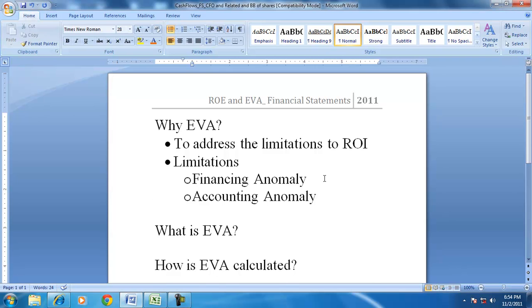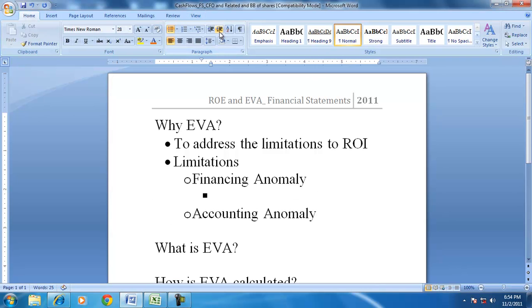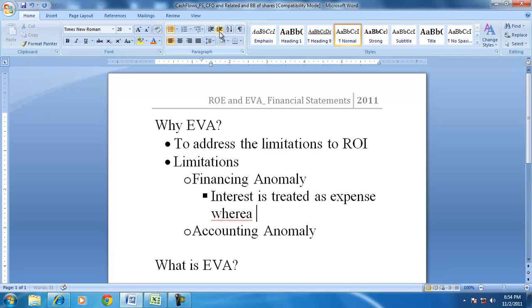The financing anomaly is that interest is treated as an expense, whereas the dividend is not. So in accounting, the sources of finance are treated differently. You don't see the cost of equity on the financial statements. So the weighted average cost of capital is conspicuous by its very absence in the financial statements. So that is the financing anomaly.